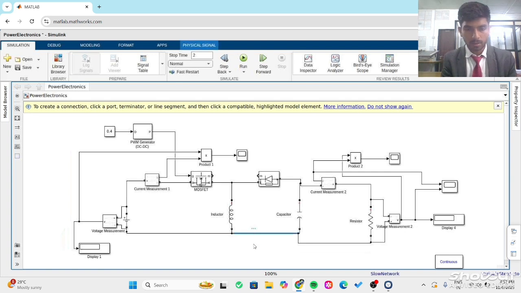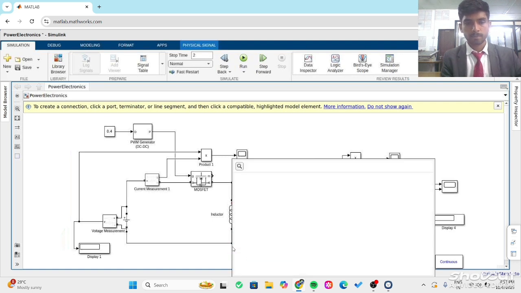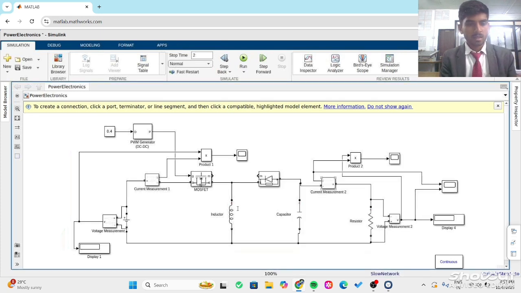Adjust the circuit properly. Here the connections are done.